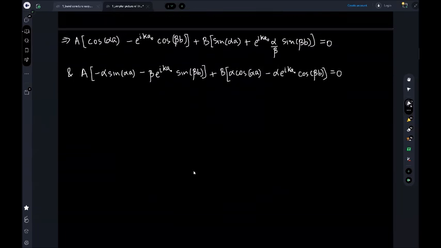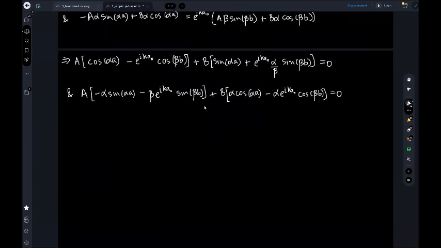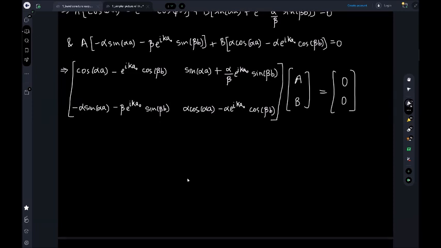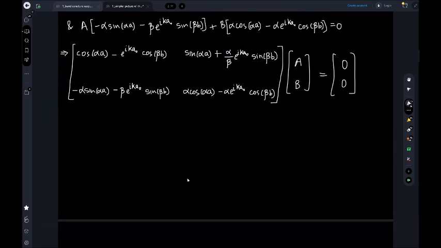Now I'm going to write these equations in matrix form, and you'll shortly get to know why. I'll just quickly write it. That's it, I'm done writing the matrix here. So we now want to eliminate A and B. If you look at this matrix equation, you might be able to identify that this is just an eigenvalue problem.